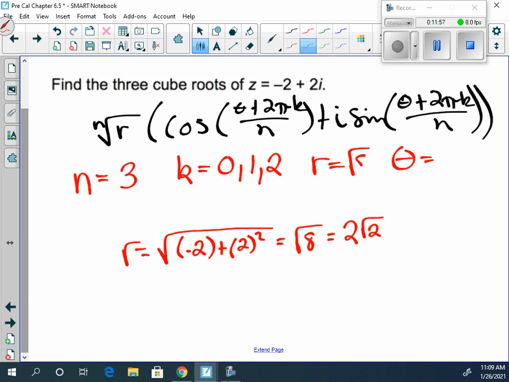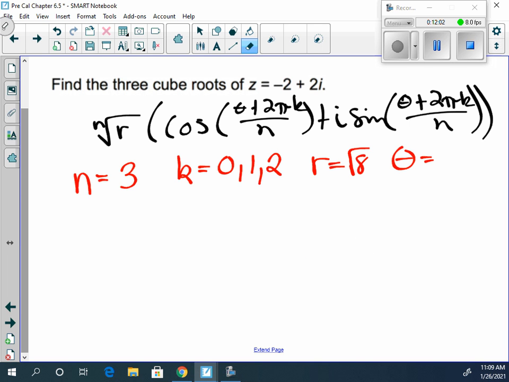I'm going to leave it as the square root of 8. And there's going to be a reason why in a minute. I'm not going to delve too deeply into it, but it'll make more sense once we actually start putting things together. Theta.